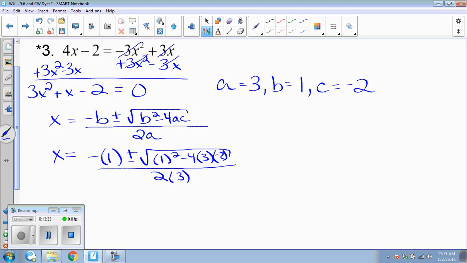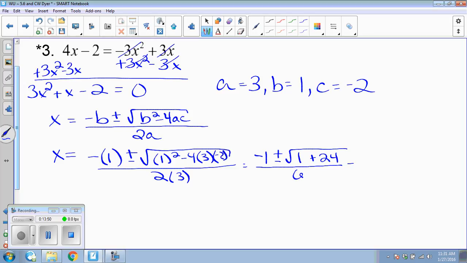Okay? So that's equal to negative 1 plus or minus the square root of 1. Negative 4 times 3 is negative 12 times negative 2 is positive 24 all over 6.